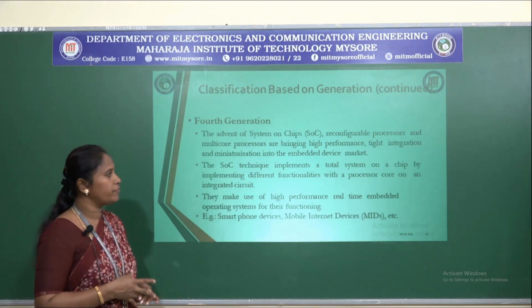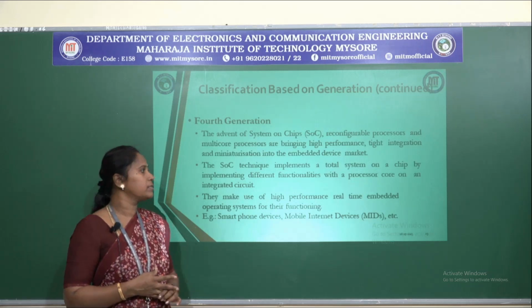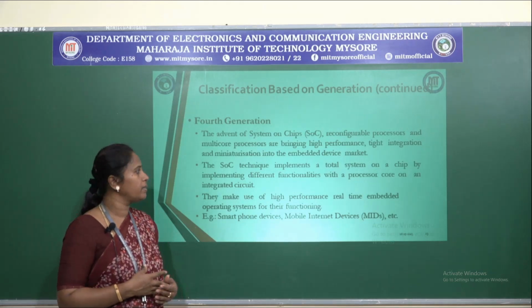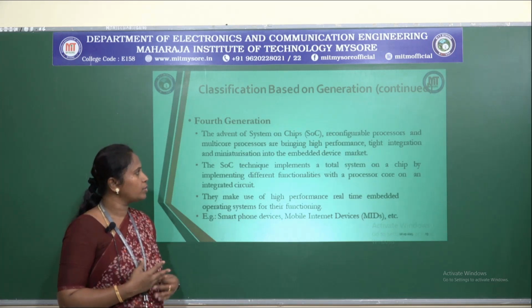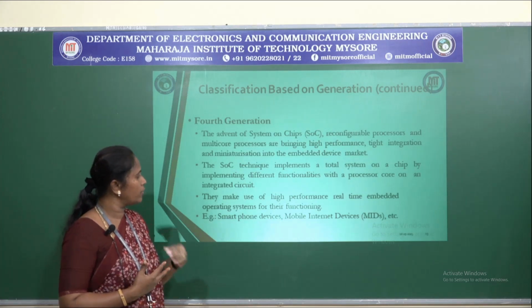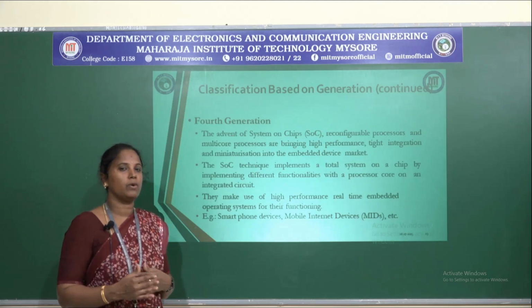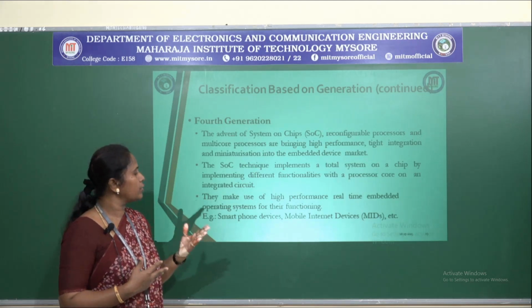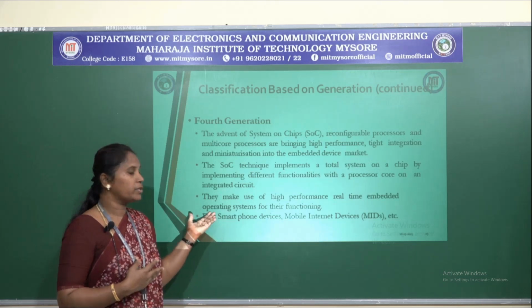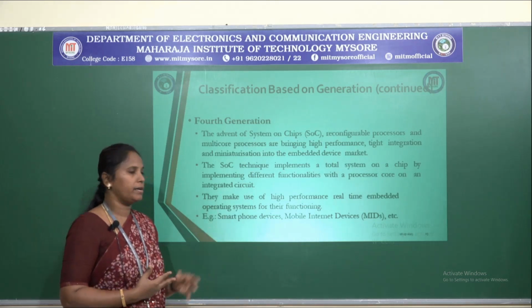The complexity of handling the instructions as well as the programming of instructions was also made simpler in the case of your 4th generation, and the processing speed was also increased with respect to real-time embedded operating system.